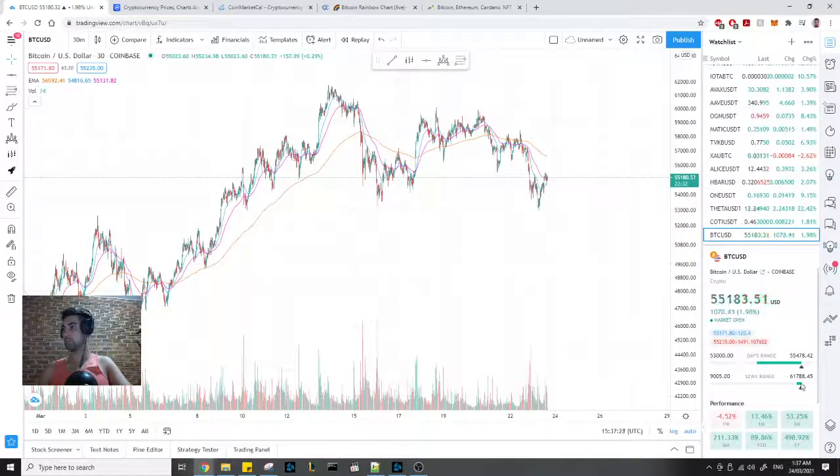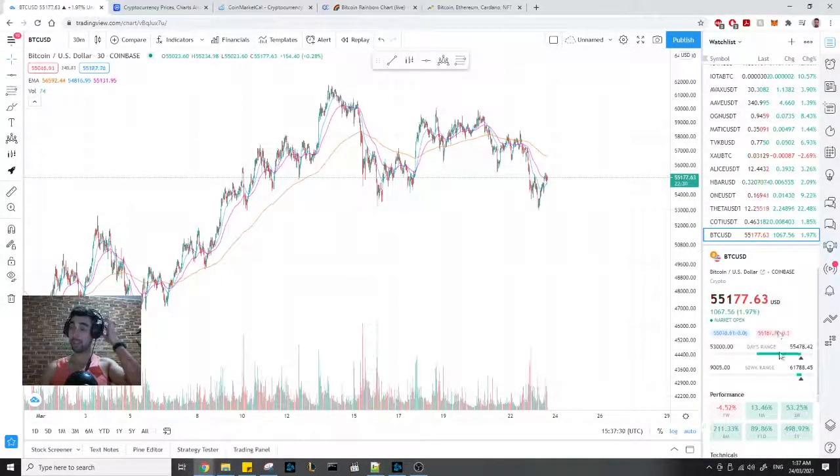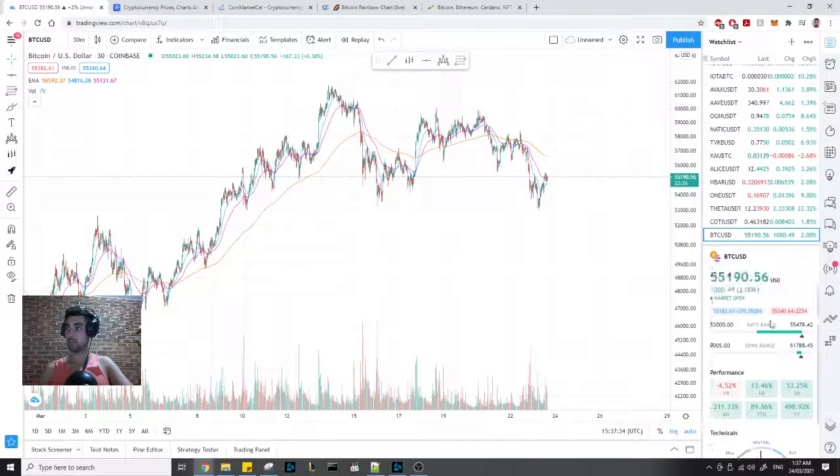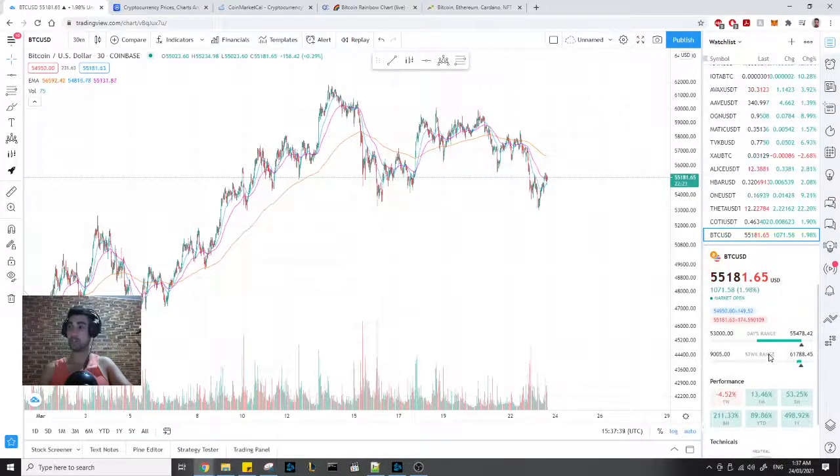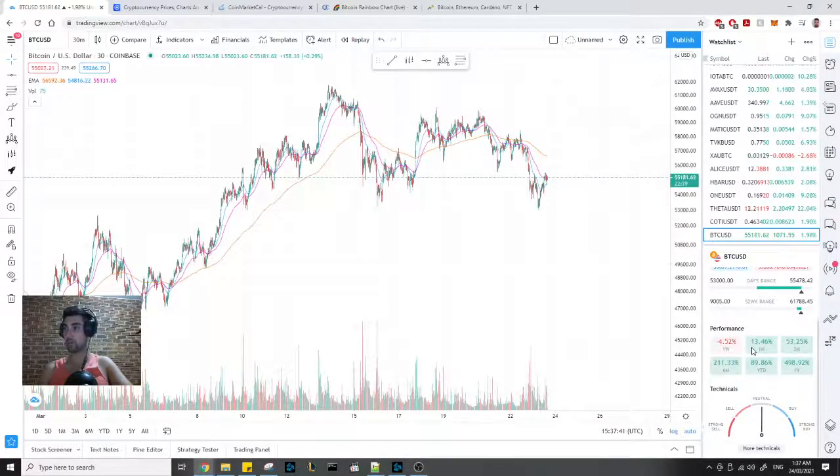We'll just quickly jump into the other information that they actually do show on all these different coins. They do have these different sections here with different day trading ranges, performance on 1 week, 1 month, 3 month, 6 month, year to date, and 1 year metrics, which is kind of interesting. And then they give this technicals indicator.